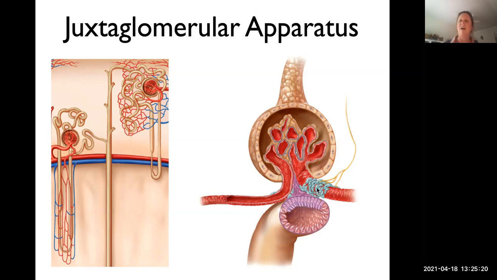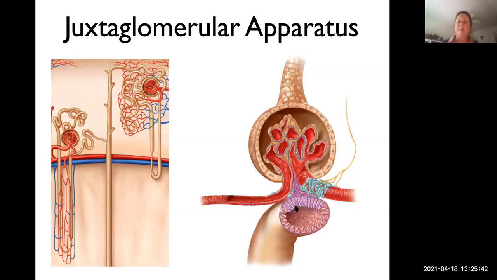And they are extra smooth muscle cells that are on the outside of the vessel. So there's smooth muscle inside the vessels, in the vessel wall, just like the ordinary structure of an arteriole. But these JG cells are like an extra layer of smooth muscle.